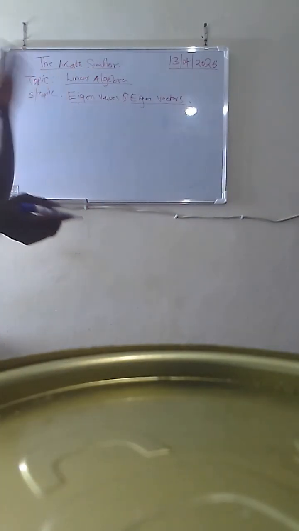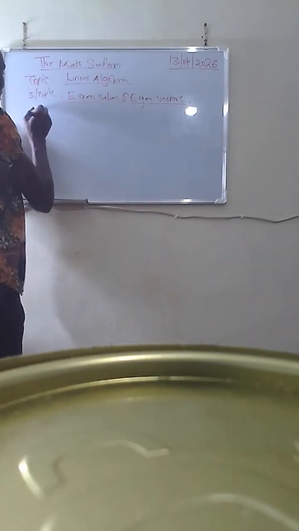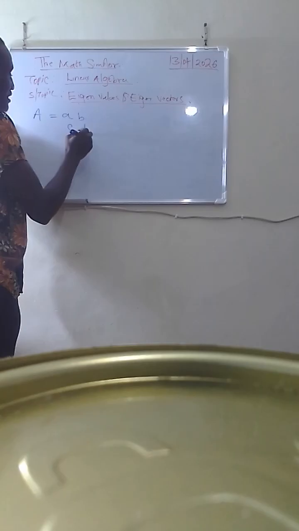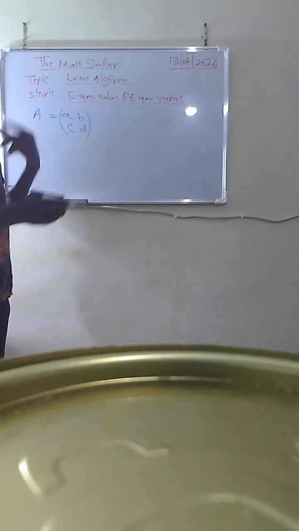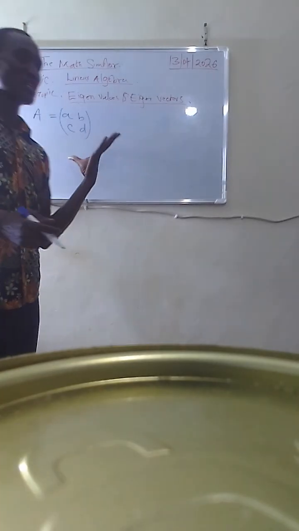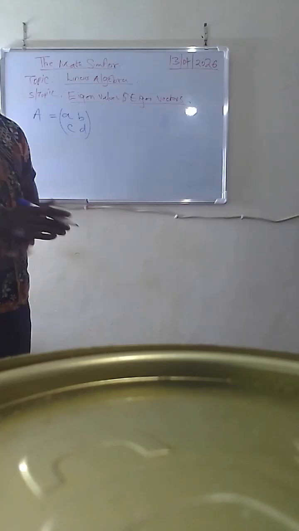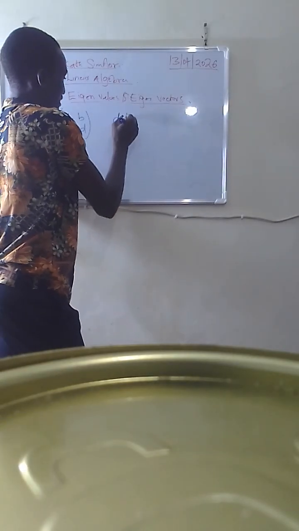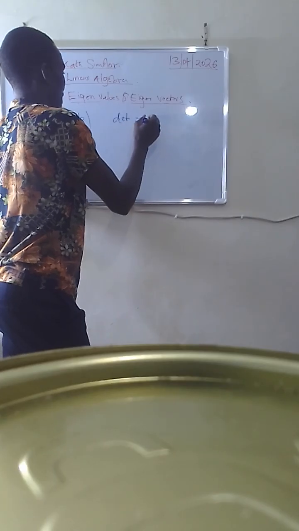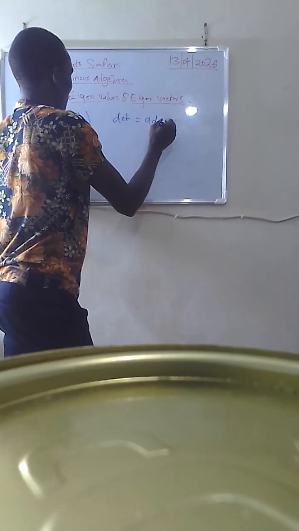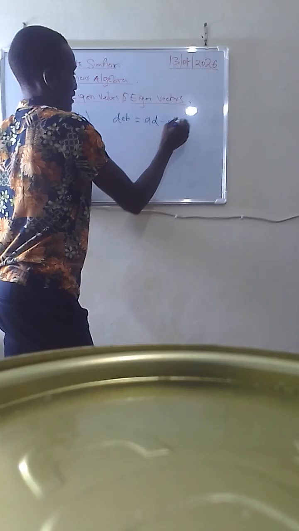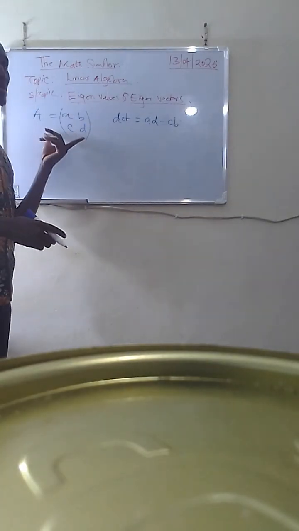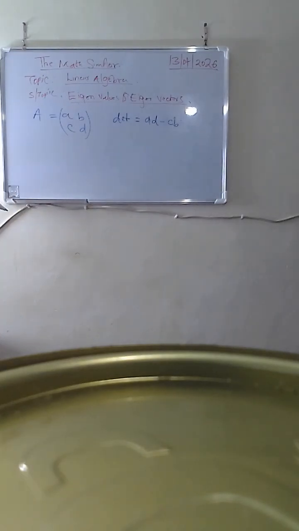For example, let's take our matrix A, B, C, D. We want to find the eigenvalues and eigenvectors of this matrix, and we will find the determinant of this matrix to be AD minus CB.